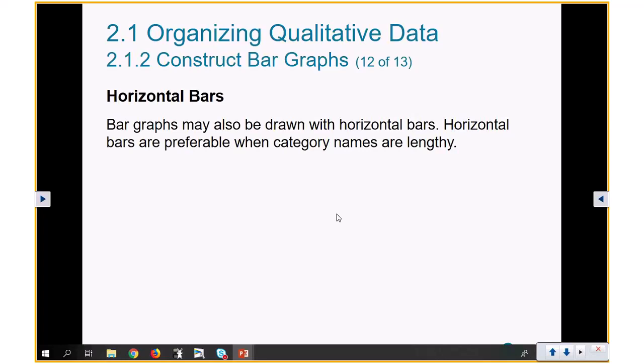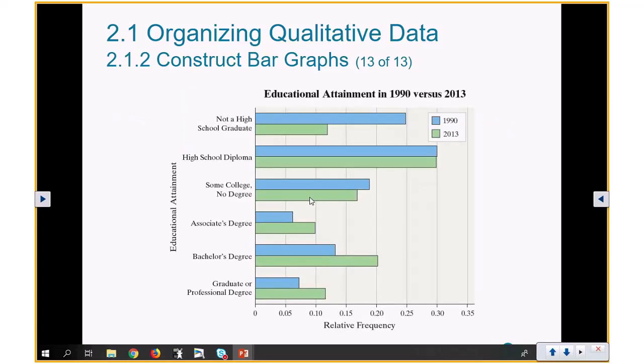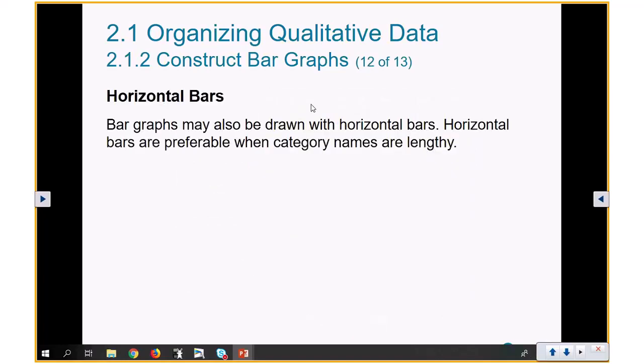Horizontal bars, you don't see horizontal bars a lot. It's just a preference, especially if you've got a lot of data. If you've got a lot of data, then you might want to use a horizontal bar chart. Why? Because landscape is longer than what? Portrait. That's basically it.